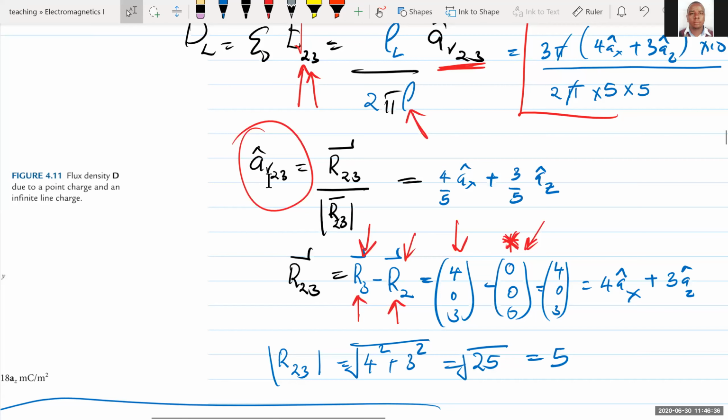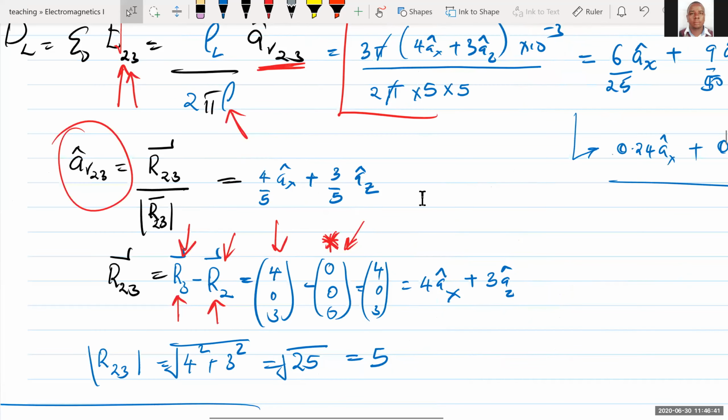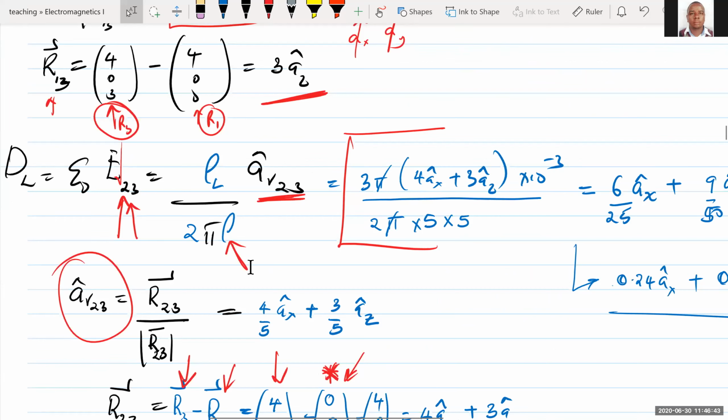That becomes our AR23. Therefore, we now plug them into our equation. Remember, we had this rho, the same as the one we have found to be the R23 magnitude. We have found it to be 5. So we are just plugging in that value and this value here.